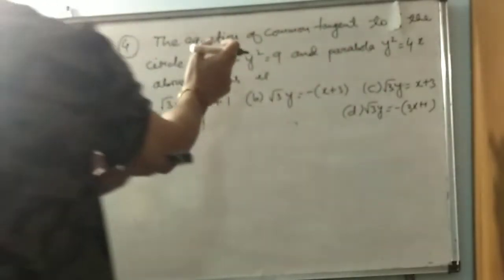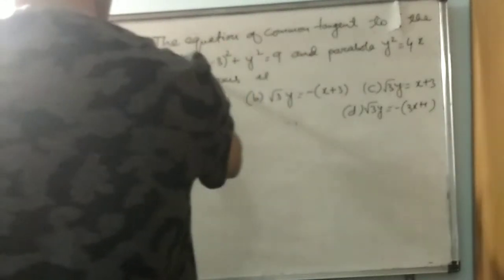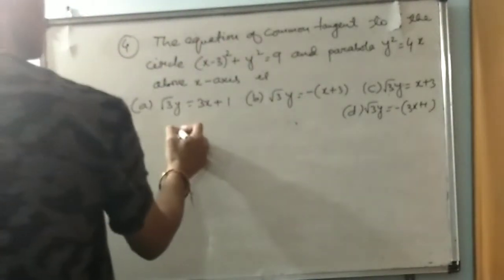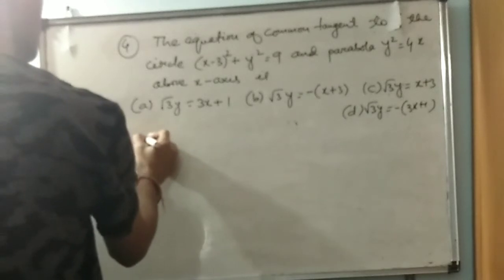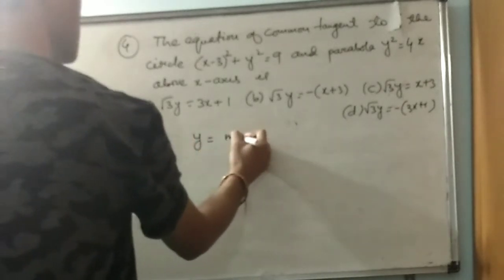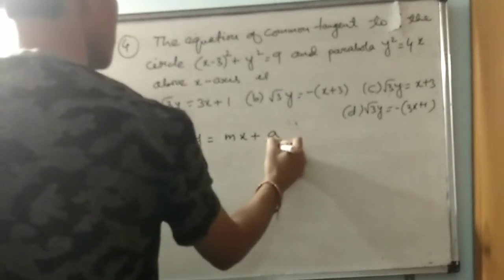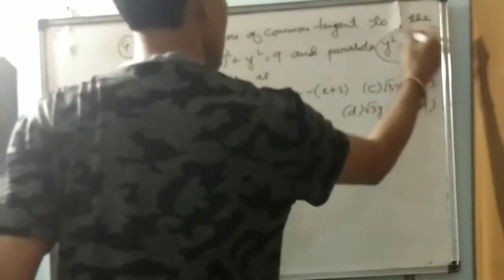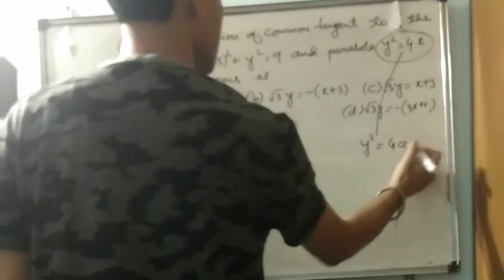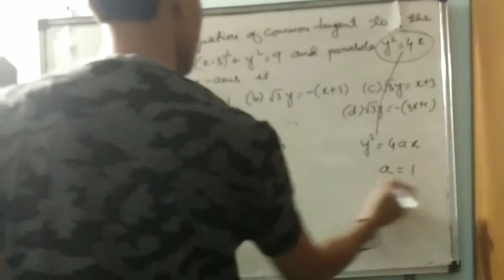Now this is a frequently asked question about common tangent. We have been given a circle and we have been given a parabola. Now equation of tangent to a parabola is y is equal to mx plus a by m. Now if you look at this parabola, comparing with y square is equal to 4ax, a is 1.